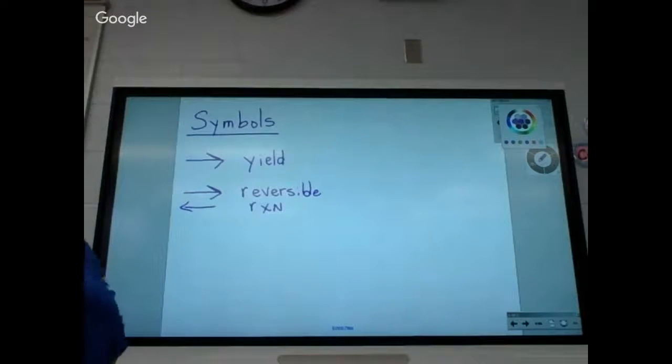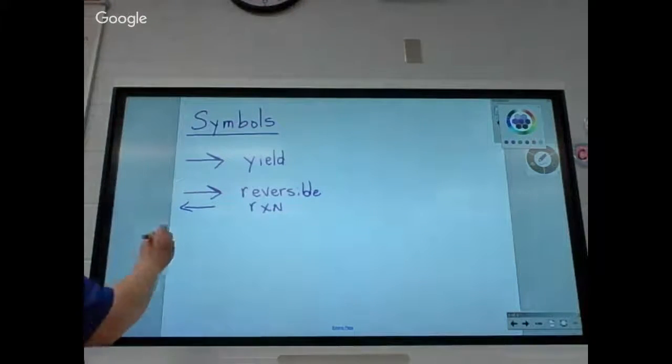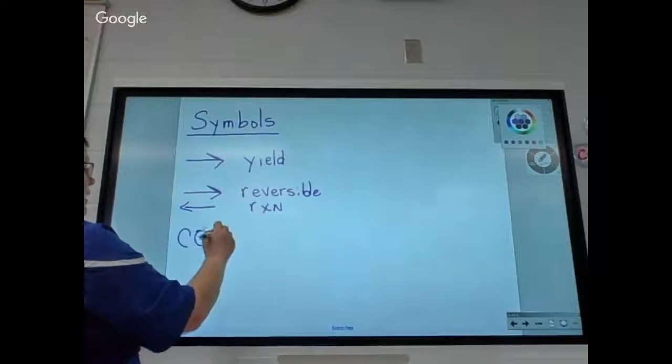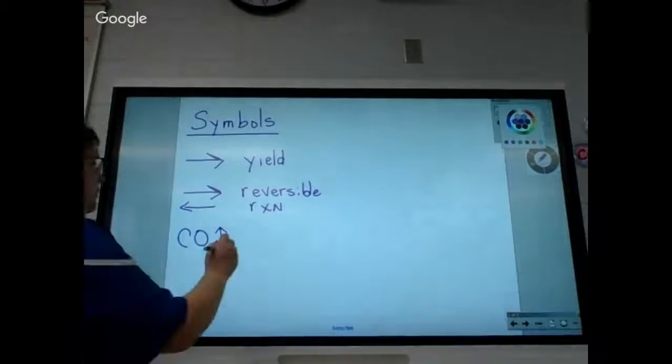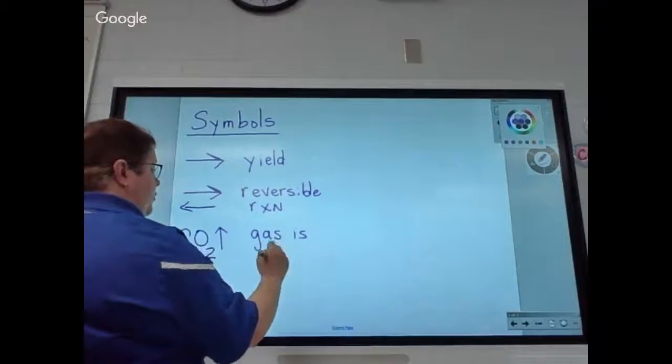Now, those aren't the only arrows we will see in a reaction. We might see something like CO2, and they'll have an arrow going up behind it. That means a gas is released.